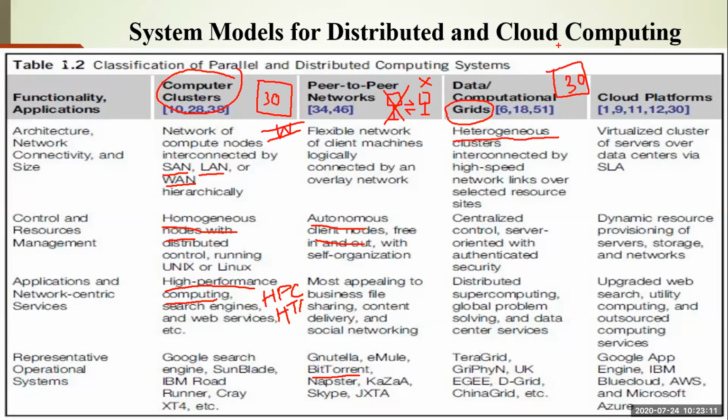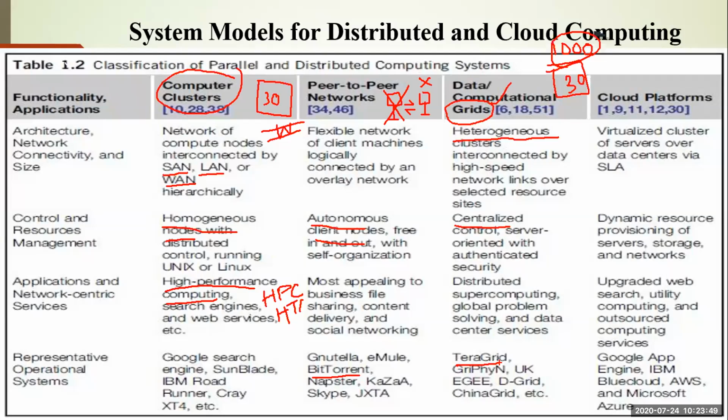If you want to combine 1000 computer systems, it is practically not possible to get 1000 computer systems of the same configuration. That's why we go for a grid configuration. It may be centralized, sometimes it is decentralized as well, right? If everything is monitored from a single place, that is called a centralized system. If they are distributed over various places, then you can call it a distributed system, right? TeraGrid is an example of a data and computational grid, right?